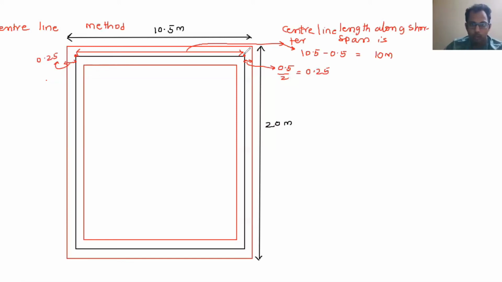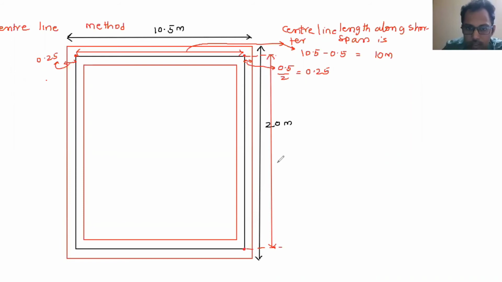Now you need to take the length of the center line along the longer span also. This is the length. See, this is the length here. So what is the value of this? See here.